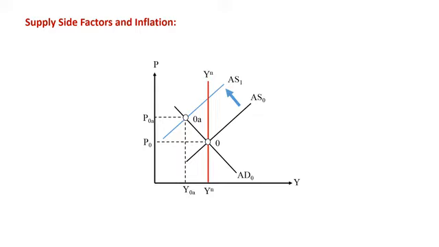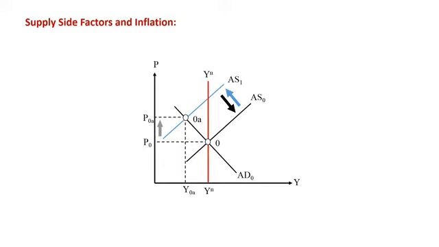Since the unemployment rate realized in such a situation is higher than the natural unemployment rate, the aggregate supply curve will return to the AS0 position.